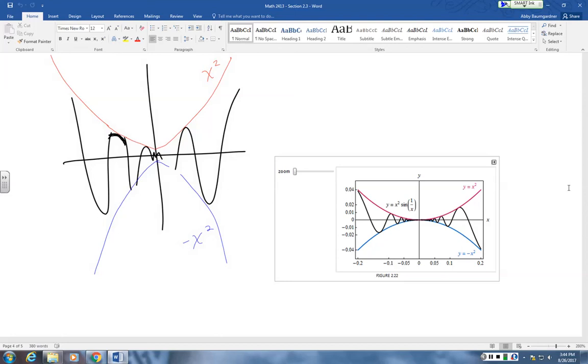So if I can prove that that black graph truly is always between the red graph and the blue one, that's the proof I'm trying to do. Then maybe I can look at the limits of the red graph and the blue graph, make a decision about them, and say, well, because the black is always between them, then it must be true as well.